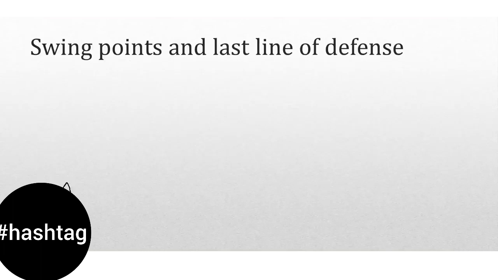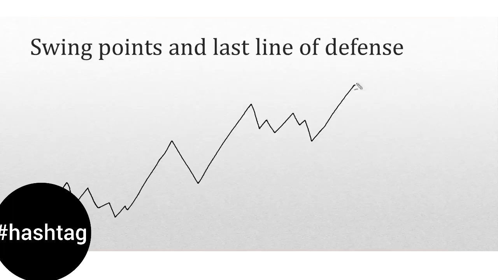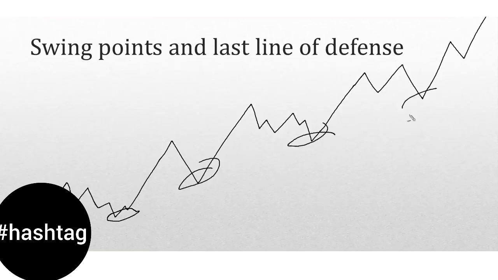It moves up like this, it can do a pullback like this, then goes up, pullback, goes up, consolidates, makes a mess on the charts, goes up, something like this. Swing points are these levels over here. The most obvious are swing lows in an uptrend. These, to me, are swing points. Are you with me?